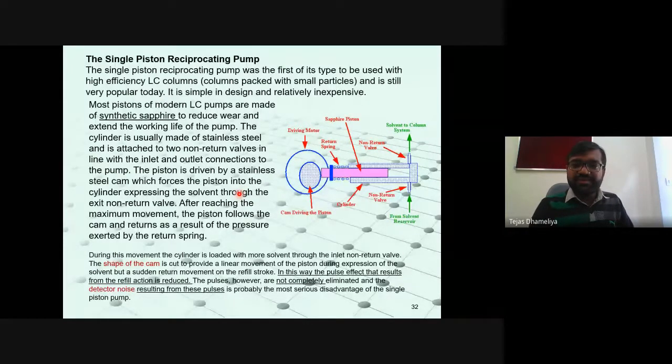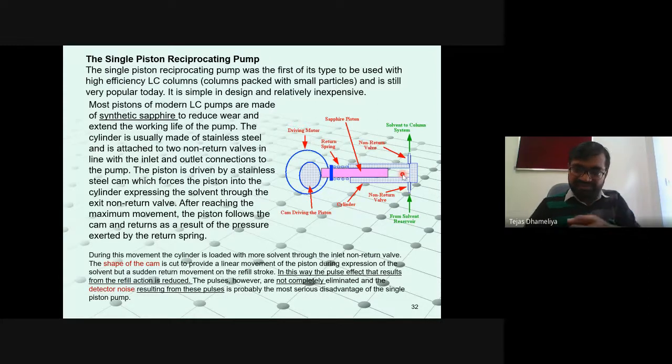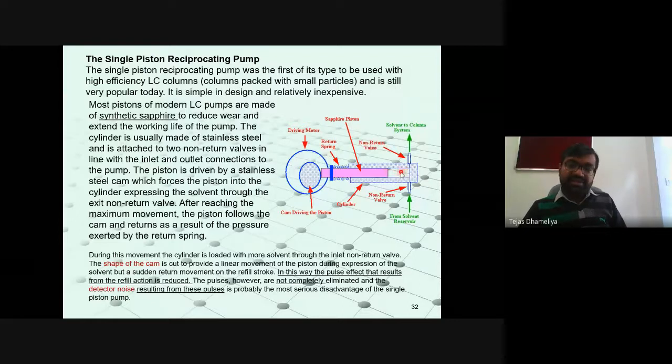So this is based upon the single piston and a certain kind of driving motor. Once it goes back, it will try to suck the solvent from the reservoir and fill this reservoir, and with the help of this motor and crank, once it moves forward, the solvent will move towards the column under pressure.